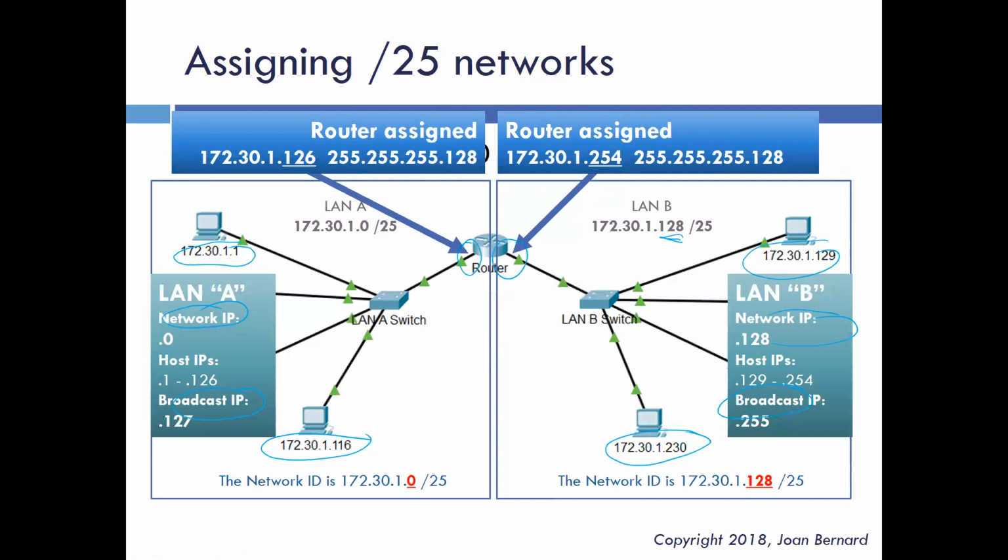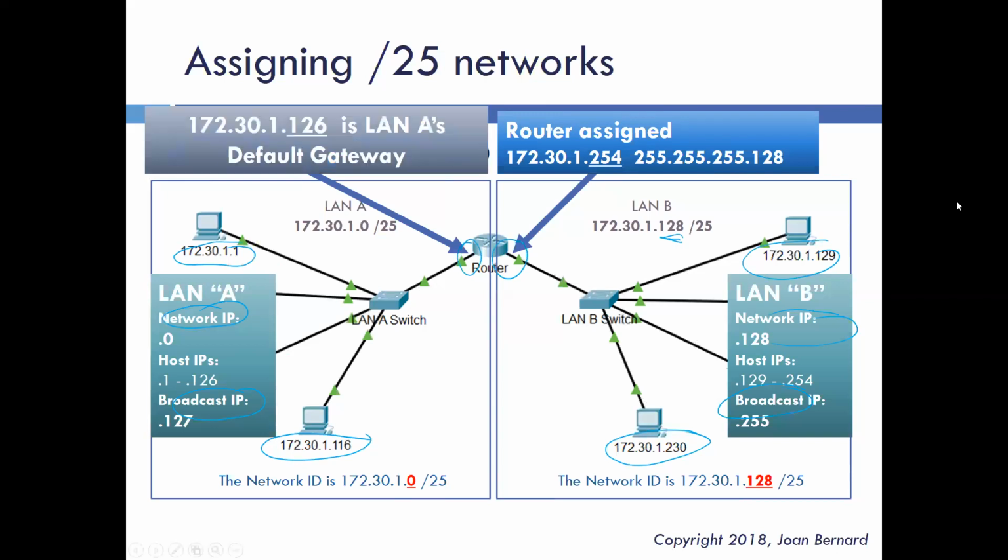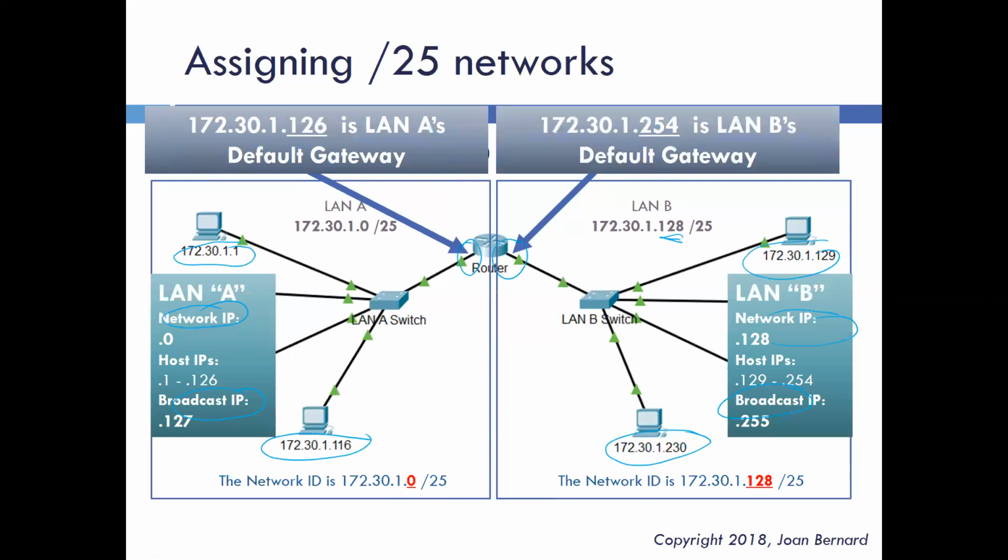The IP address assigned to a router's interface is also known as the default gateway. The default gateway for LAN A is 172.30.1.126. The default gateway for LAN B is 172.30.1.254.